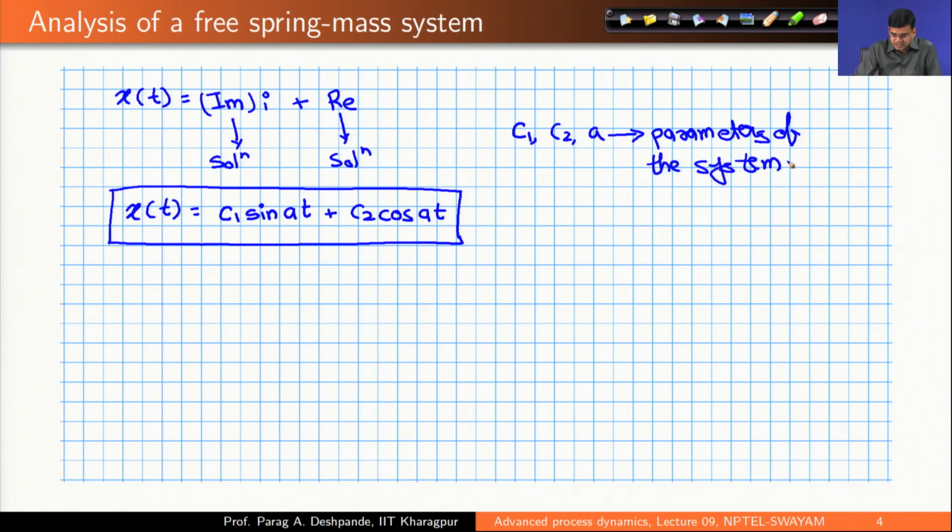I am not really worried about the exact expression here, because I want to know the qualitative dynamics of the system.